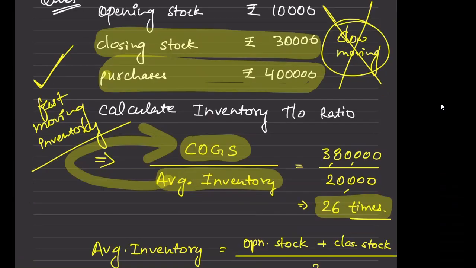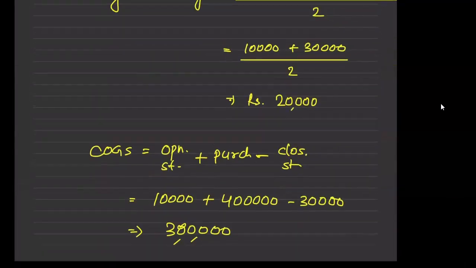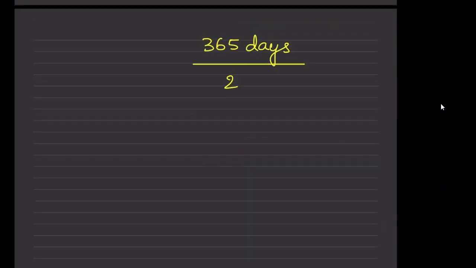So if I say my stock has been rotated 26 times, let us calculate in how many days it is being rotated. In a year, I have 365 days and my stock has rotated 26 times.